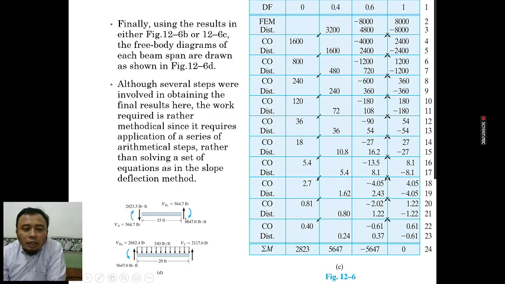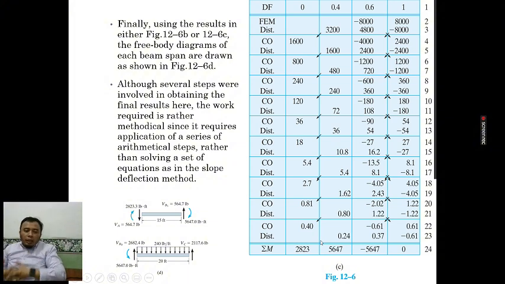You can calculate the shear for each member. As you can see at 12.6D, at the top is member AB, and the bottom is member BC. You have this moment. This moment here is similar to this. So you have a moment at A is 2823, and then moment at B is 5647.